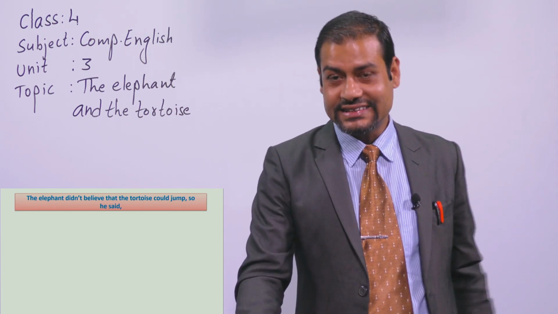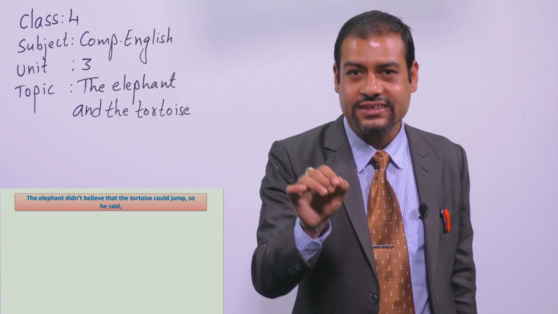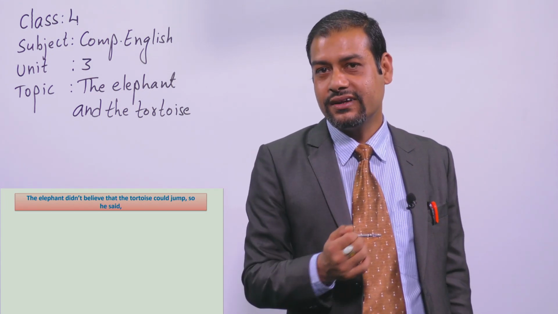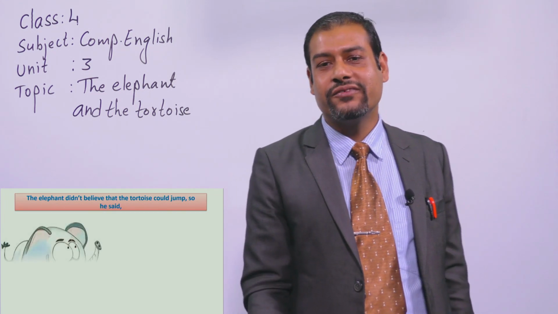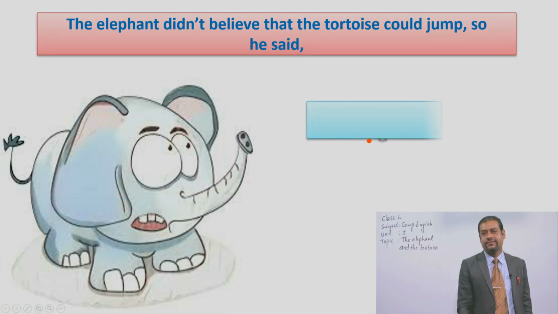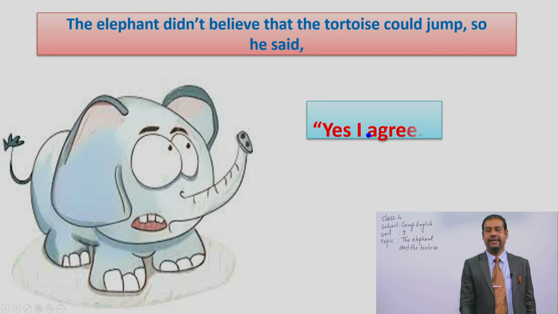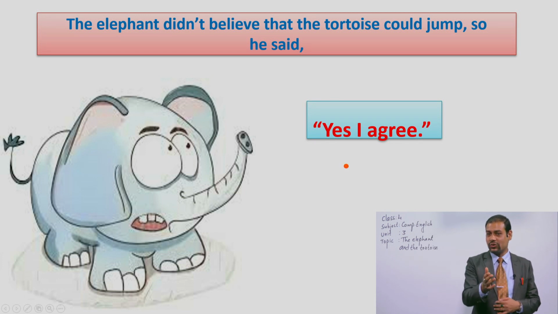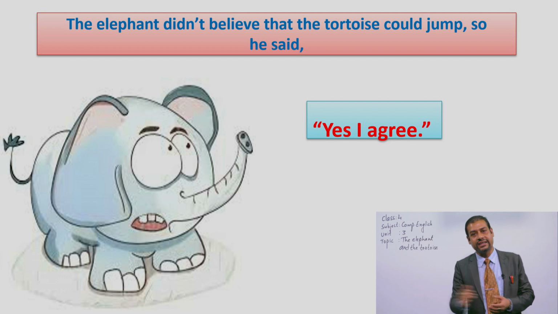That's why he said, what did it say? Can you guess? Please guess. Yes, you are very near to the end. The elephant said, yes, I agree. Dear students, don't forget, when the tortoise said so, the elephant thought that the tortoise could not jump over the elephant.